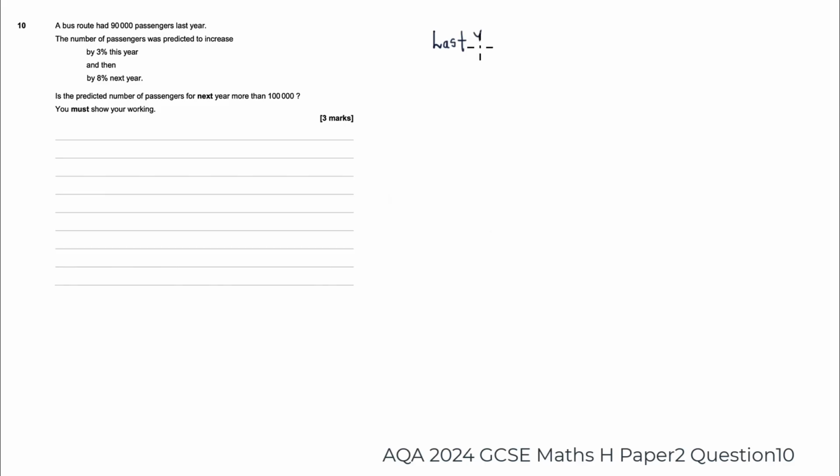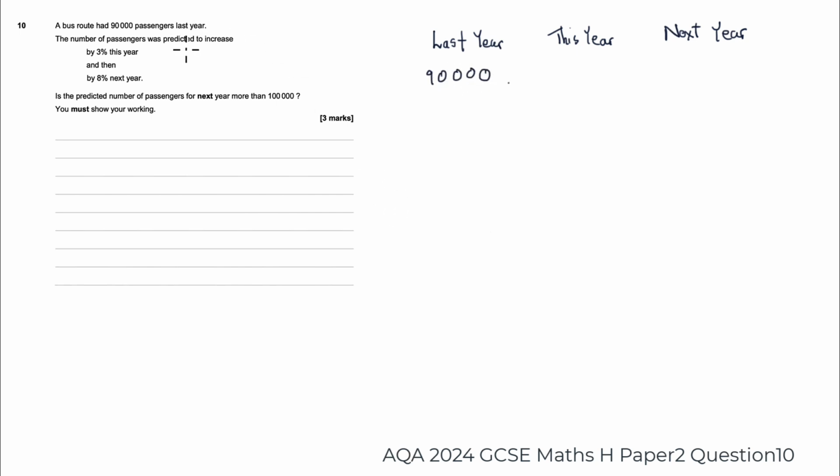We've got last year, we've got this year, and then we've got next year. So let's try on this diagram and get everything that we know written down. Last year we're told there were 90,000 passengers.